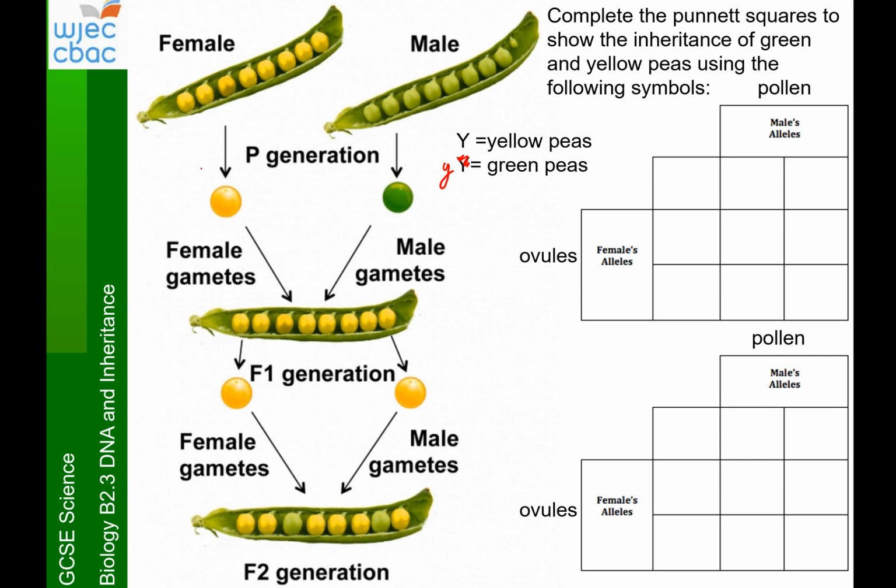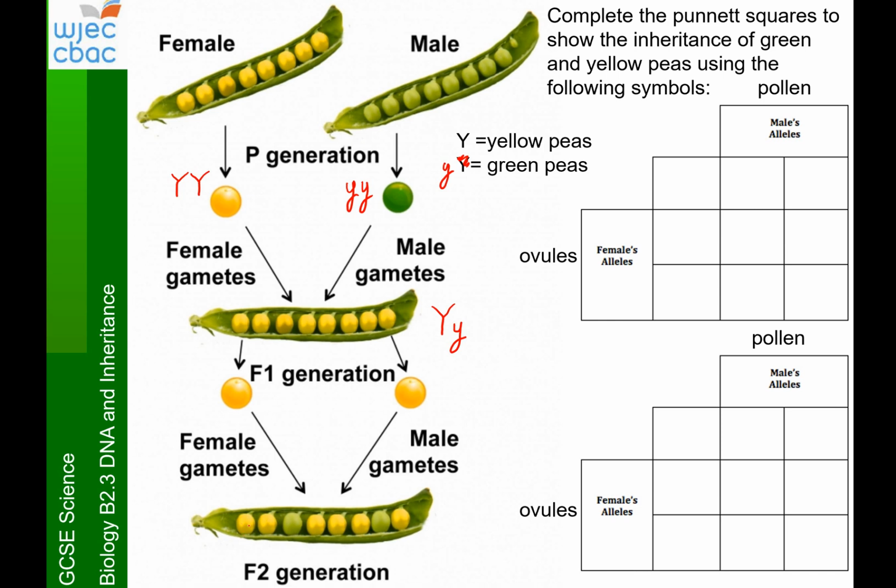So our yellow peas would have to be purebred, so they would be 2 capital Y's. But our green peas would have to be 2 lowercase y's. The F1 generation, so when you fill it in on here, they are all going to be heterozygous because they've inherited one of each version of the alleles from their parents.